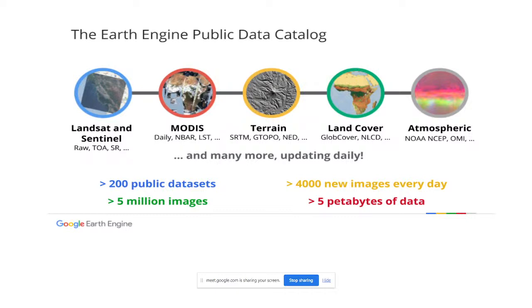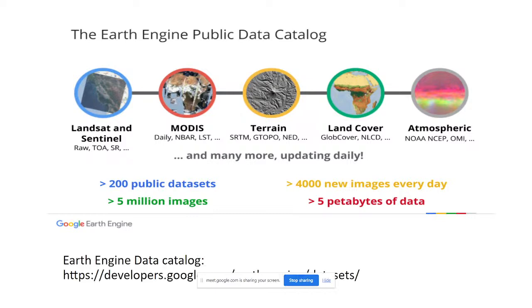Here we can find more than 200 public datasets, more than 4,000 new images every single day, more than 5 million images, and more than 5 petabytes of data, with more on the way. A lot of data is accessible from this catalog, and this is the link for that. When you go to this link, the datasets will appear.